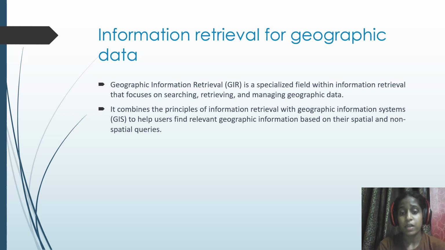It combines the principles of information retrieval with Geographical Information Systems, that is GIS, to help users find relevant geographical information based on spatial and non-spatial queries. In short, it is a smart system that helps you find a specific location or specific information about a place.